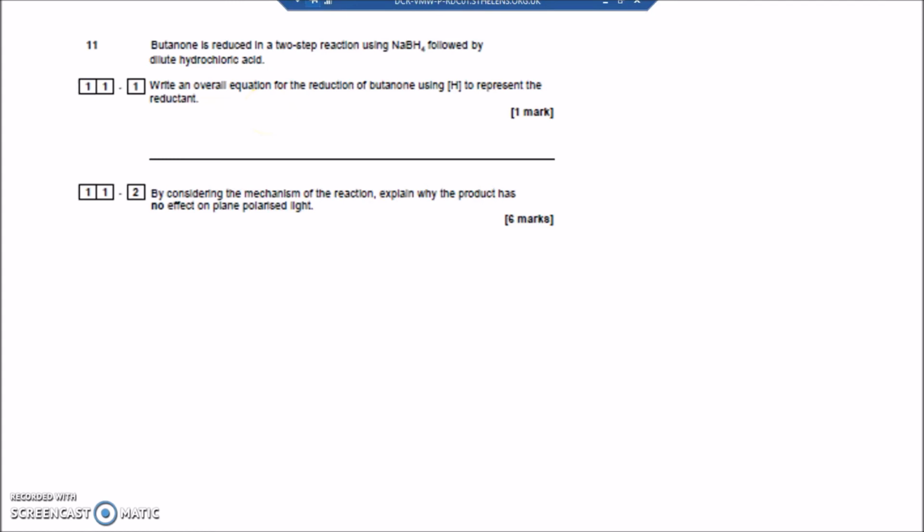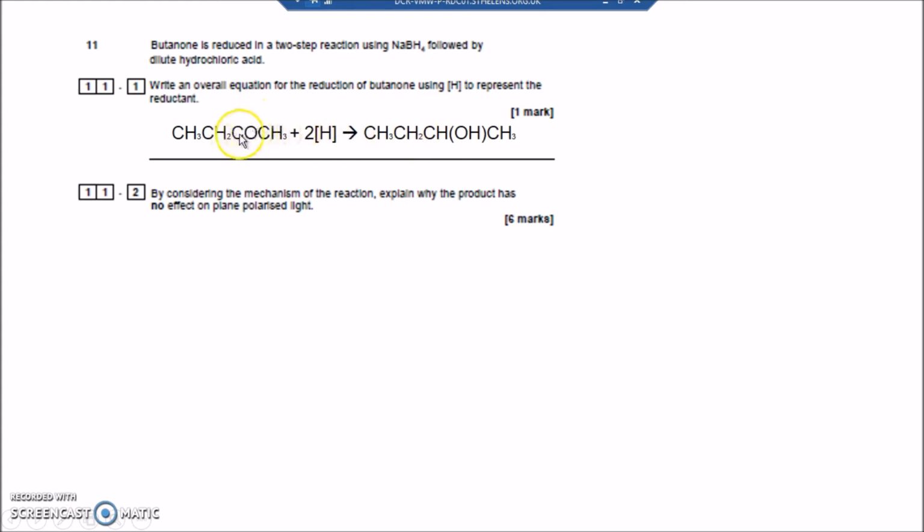Write an overall equation for the reduction of butanone. So reduction is adding hydrogen, using H with the square brackets to represent the hydrogen that's being used as the reductant. So hydrogen's been added, and the way that we show that is with the square brackets around the H. First of all, we need butanone, which is CH3CH2COCH3, and we're going to need 2 H's because that's a C=O.